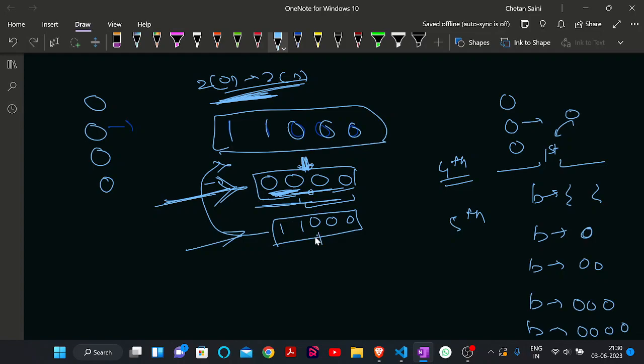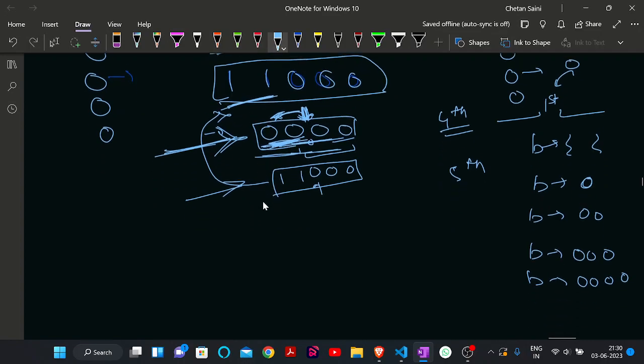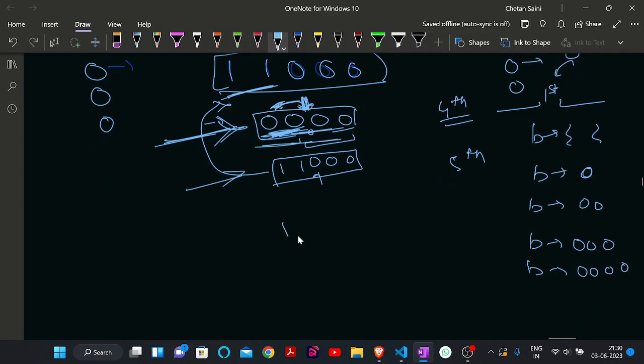You will insert a zero here, and the elements which are on the left side of this zero will be converted into one. So these two zeros will be converted into ones. This is how we are going to perform this operation. So this is only for the case with only ones on the left side and only zeros on the right side.